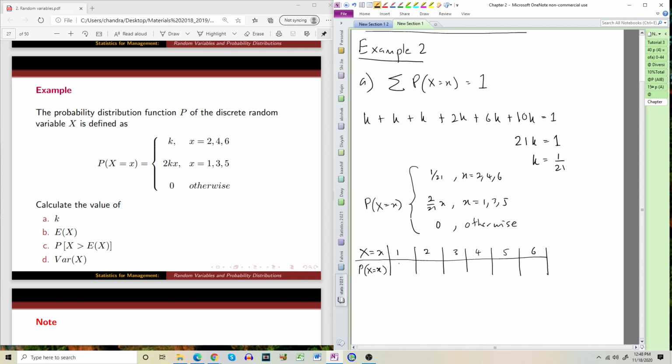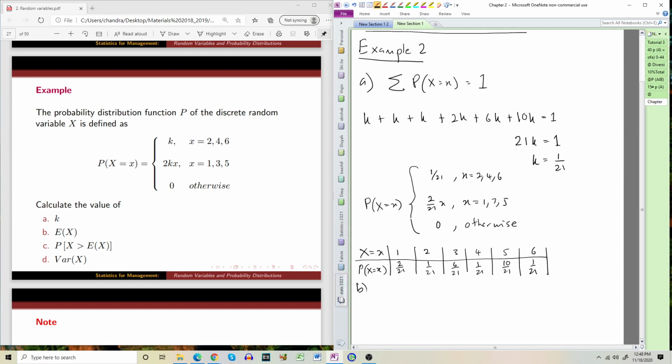This is 2/21. This is 1/21. 6/21. 10/21 and 1/21. This is the table form if you convert that.